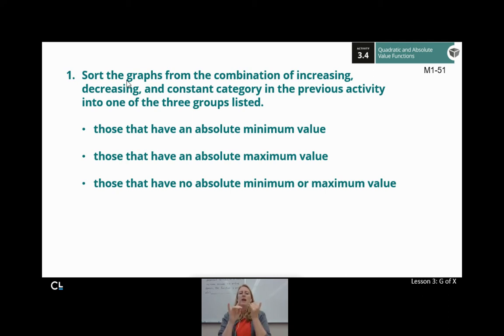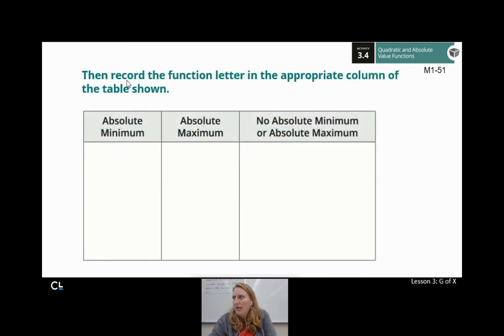Sort them into those that have an absolute minimum value, an absolute maximum value, or is there a group that doesn't have a highest point? Remember, arrows go forever, go up forever, go down forever. So those that have no absolute minimum or maximum value, go ahead, write your letters in the boxes. Hit pause to sort them out, and then hit play when you're ready to check your work.